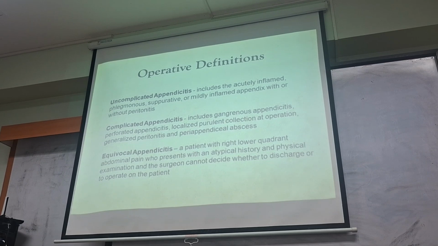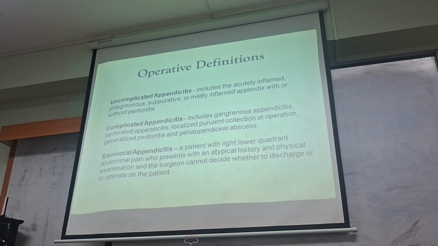Now, there are some patients who might come into the emergency room or your clinic, and then you examine them, see the labs, and you will not be able to pinpoint whether it is appendicitis or not, because the history and physical examination and maybe also the laboratory findings are not going to be conclusive. But you have an index of suspicion that it's not negative either. So we classify these patients as equivocal.